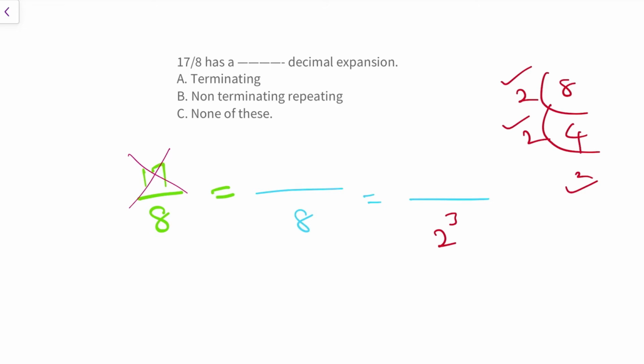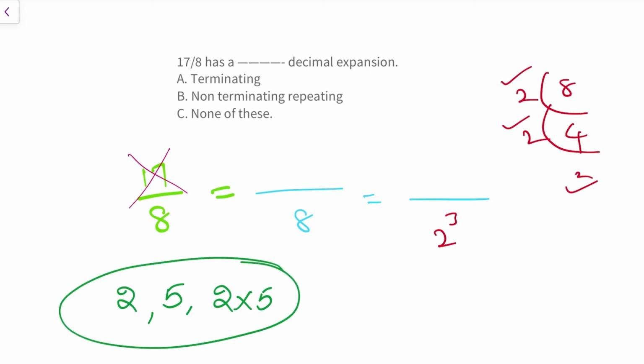Now we need to check whether only the number 2 is there in the denominator, or only the number 5, or only 2 and 5. If these are there in the denominator, then that kind of number is terminating. Otherwise it will have a non-terminating repeating decimal.